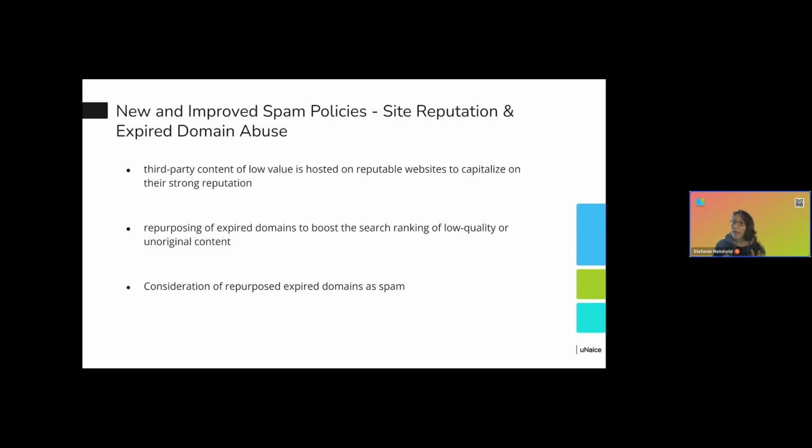Now, this sounds like some third party is taking a reputable website and just putting their content there. That's not quite it. It actually also means, let's say you have a guest writer from a third party. Let's say you have a big blog about technology and you have a guest author from another company.